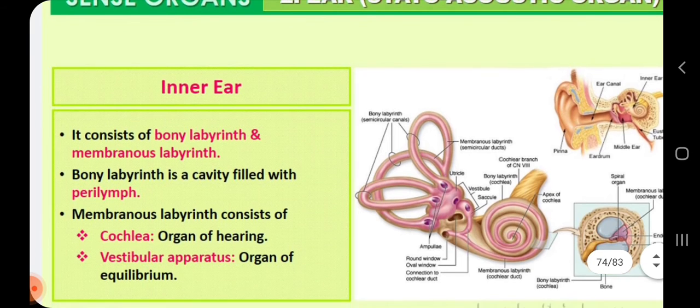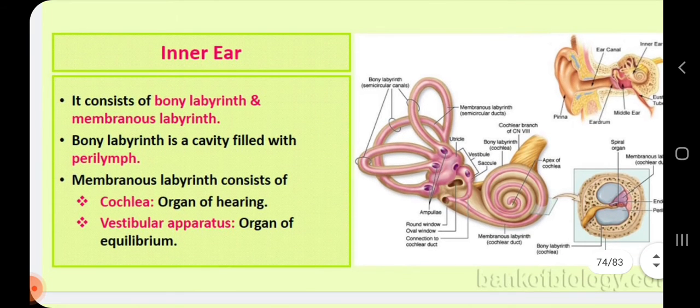Okay, then the next part is with respect to the inner ear. The inner ear consists of the bony labyrinth and the membranous labyrinth. Here the bony labyrinth is a cavity filled with the perilymph, whereas the membranous labyrinth consists of the cochlea and the vestibular apparatus.